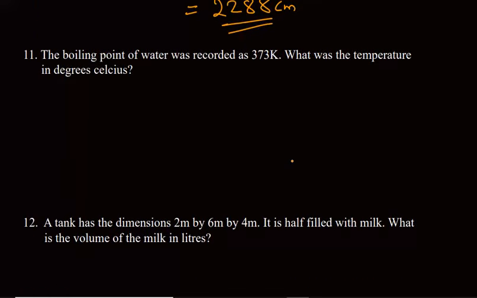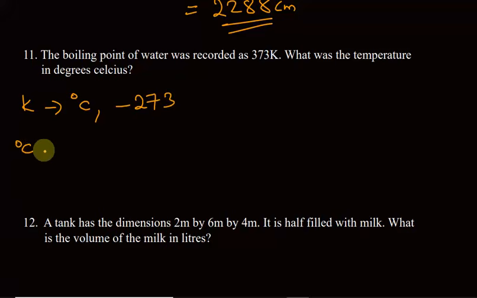Next question. The boiling point of water recorded was 373 Kelvin. What was the temperature in degrees Celsius? You should know to convert Kelvin to degrees Celsius, you have to minus 273.